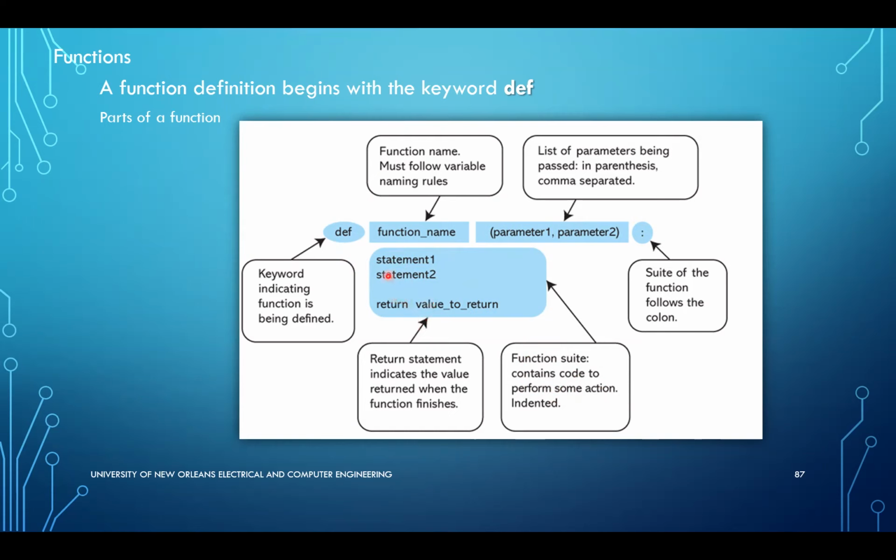And then at the end of whatever statements we have a return value. The return statement indicates the value returned when the function is finished. We'll also learn later on that the return statement may not always be needed. If the function doesn't return anything, we don't actually need a return statement. Okay, but this is the general syntax of what a function would look like.